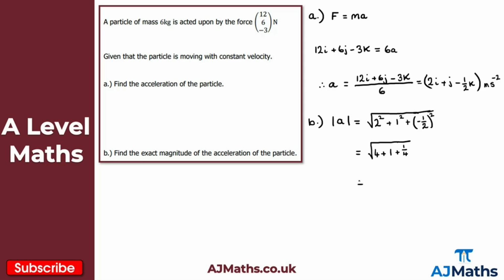Keep simplifying, it's going to be the square root of 5 plus 1 over 4. So what I can do now is write this as 20 over 4 plus 1 over 4. It would be the square root of 21 over 4. I can write that as the square root of 21 over the square root of 4. That's going to give me the square root of 21 over 2. Because we're looking at acceleration, this would be meters per second squared.